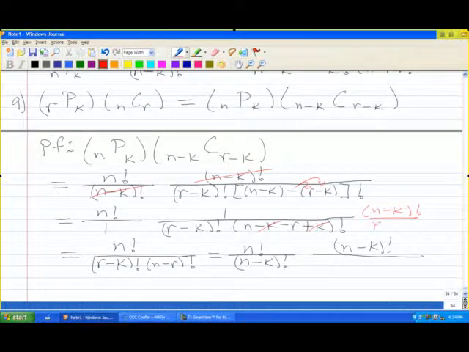And, well, the bottom is the r minus k factorial, and the n minus r factorial.